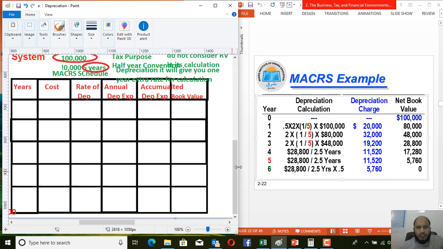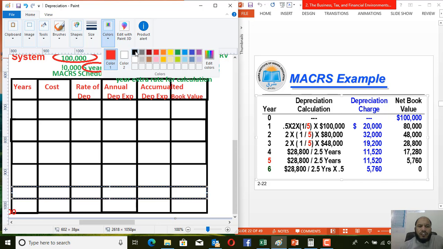So let's divide this into 6 rows. We have a 6-row chart. This machinery is for 5 years, but the calculation is for 6 years, because it will give us 1 extra year rate.